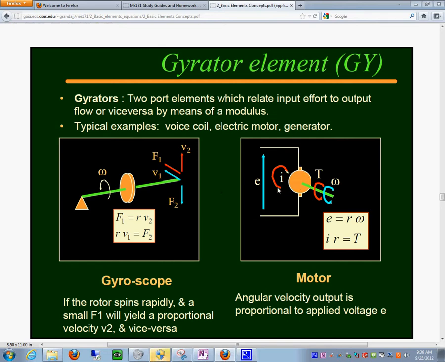Here's the motor. As you can see, the voltage to the armature is here, and based on that voltage, the motor produces a torque, an angular velocity. There's a relationship between the voltage and the angular velocity.